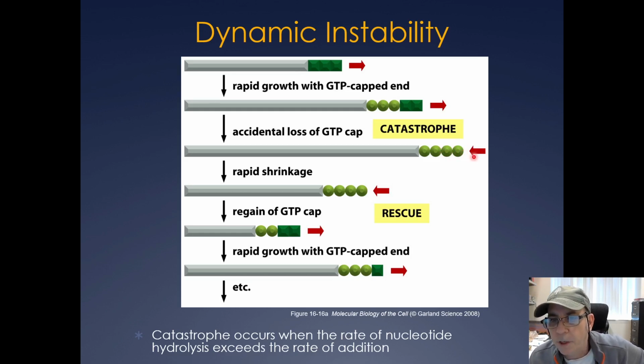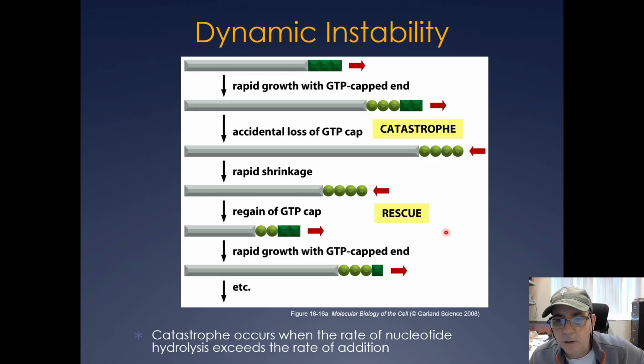And so what you end up having is what's called a catastrophe event. Okay, and the microtubule rapidly shrinks, because it all has GDP-bound form in it. Okay, and then eventually the free subunits in the cytosol will get the GDP exchanged for GTP, and you'll start to regain that cap, and then the microtubule can grow again.